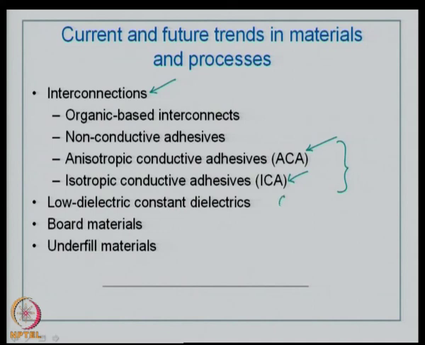Today the key is copper low K, for highly reliable interconnects. So, the key is how do you use copper in conjunction with low K materials. Then again board materials that are green in nature, high TG, and adaptable to PWB processing, and underfill materials if you are using chip on board technologies and so on, they are very key issues.